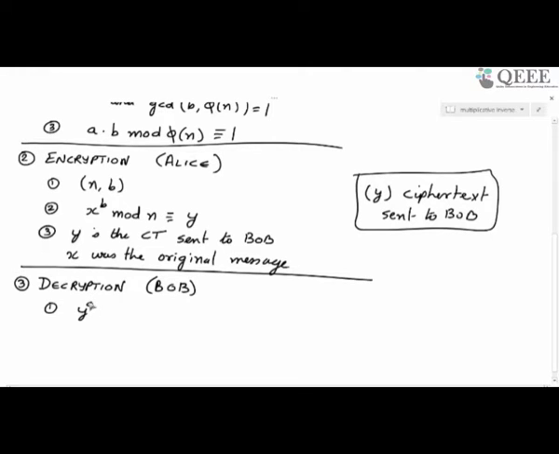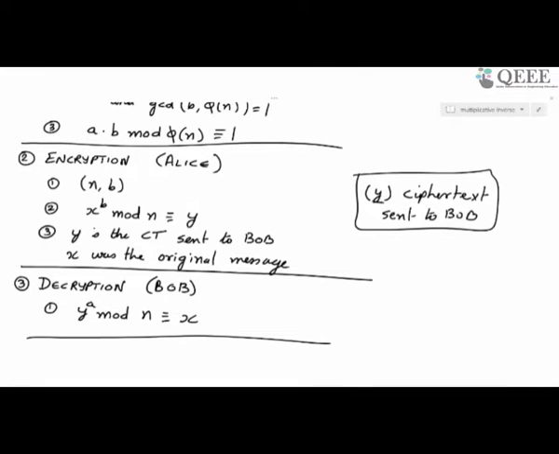Recall that a is the corresponding private key, and does a modulo n. And if the private key and n are correct, then this particular term will be equivalent to the message x. Now, no other attacker or any other third person on the internet who is able to capture what y is will be able to do this decryption, because the assumption is that only Bob has the corresponding private key a, right?